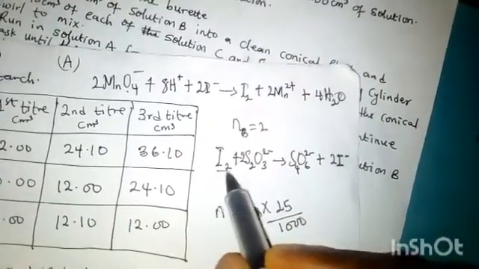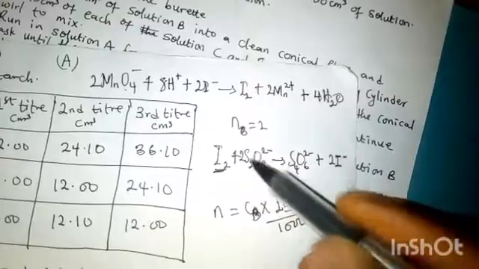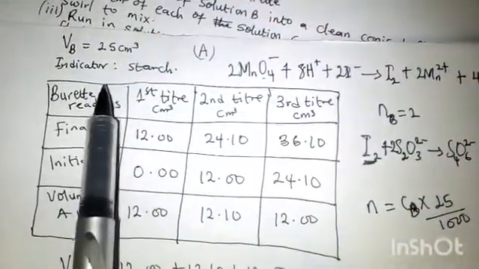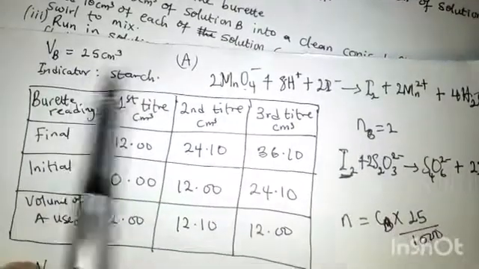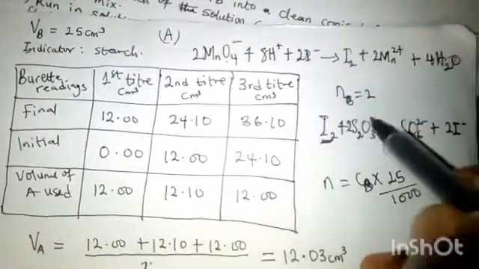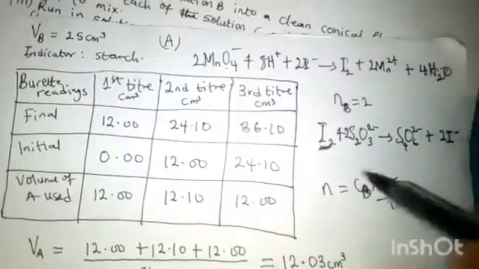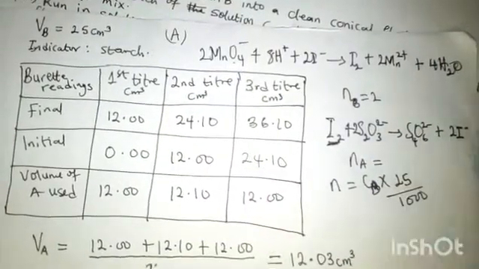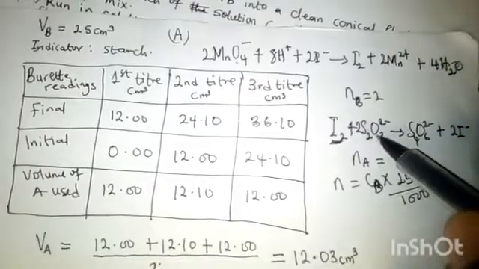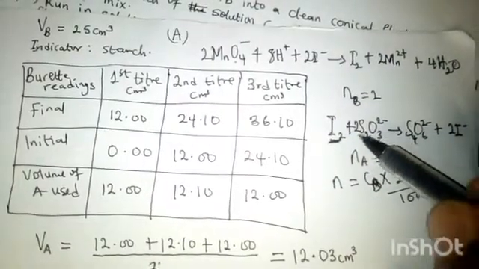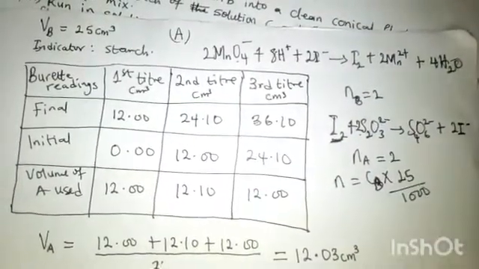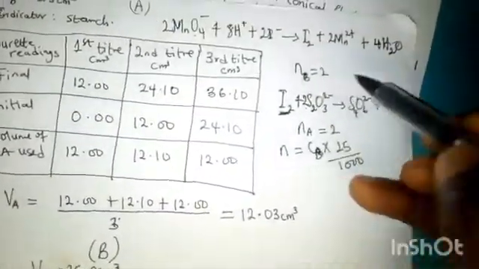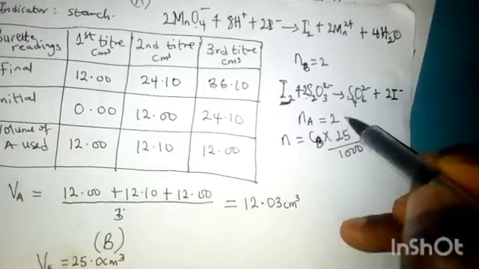We are not given this as a solution. So in calculating the concentration of B, take note we already have the concentration of A. NB is 2, and NA is 2 as well, as it is here.